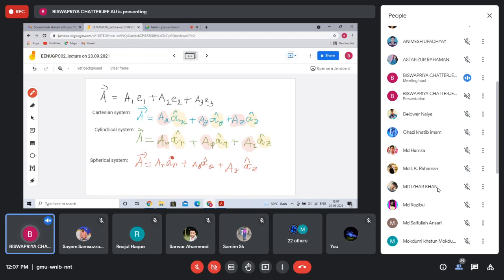Now you can see that the same way, three different components are R, theta, and, no, this one is not Z, it will be phi.